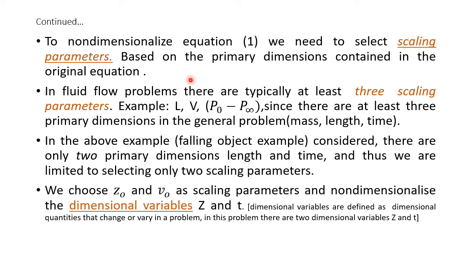In this problem our dimensional variables are z and t, so there are 2 dimensional variables and we are going to use 2 scaling parameters. What are those scaling parameters we have chosen? We have chosen z0 and v0 as the scaling parameters.